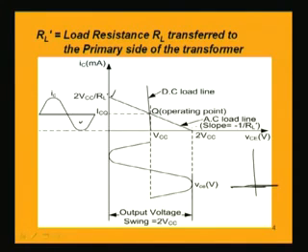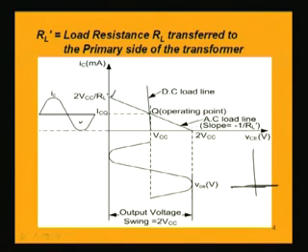To understand that, we have to look at what the circuit contains. We are having a transformer. The transformer winding carries a current.